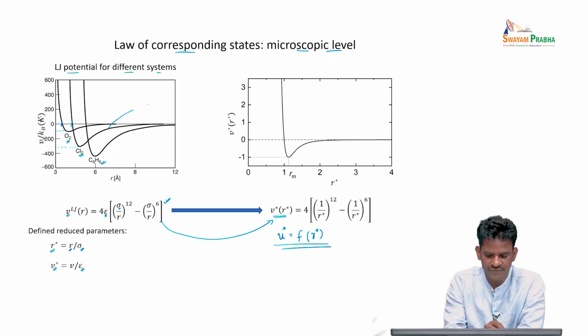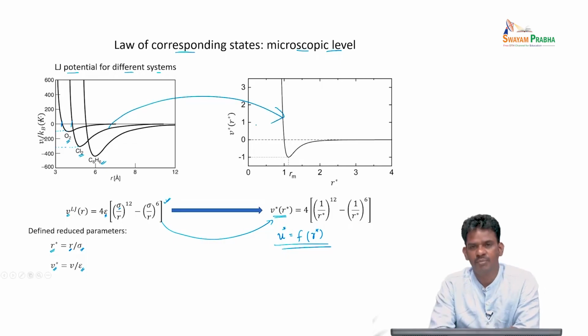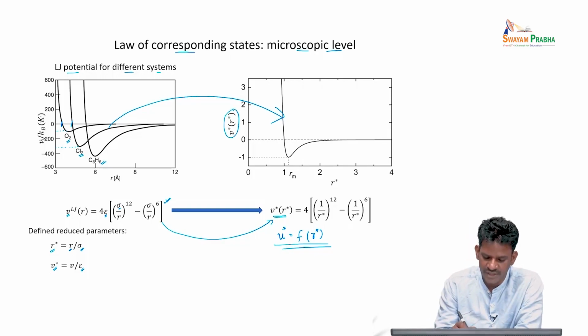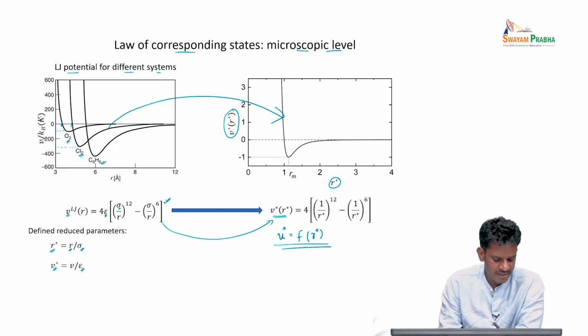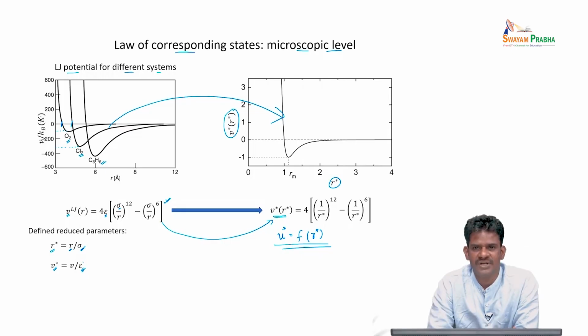So, this family of curves can now be plotted as one single function in the reduced potential energy and the reduced interparticle distance. So, what we are able to do for equations of state, something similar can be done for intermolecular forces also by looking at an appropriate set of normalization constants or parameters.